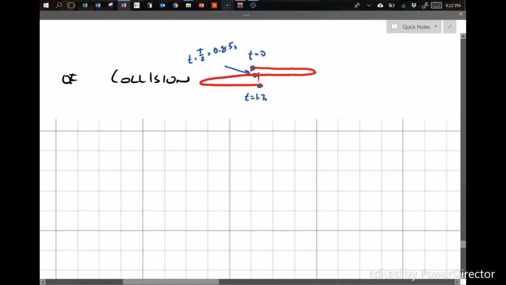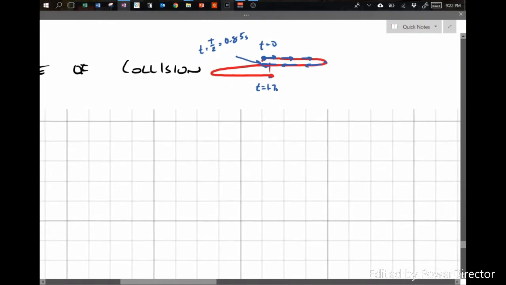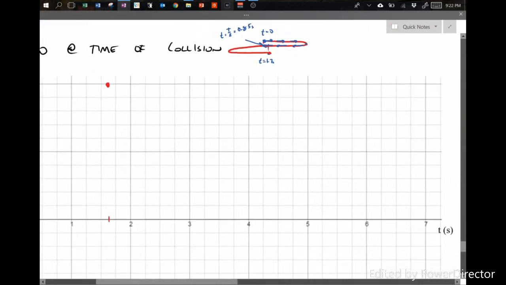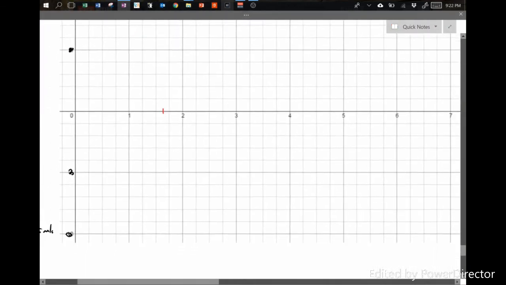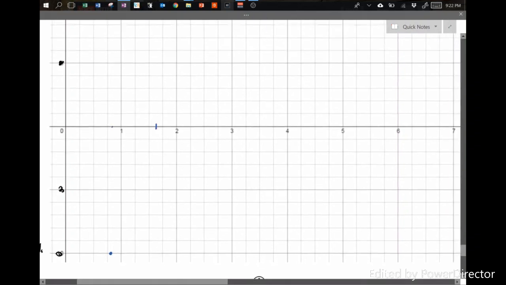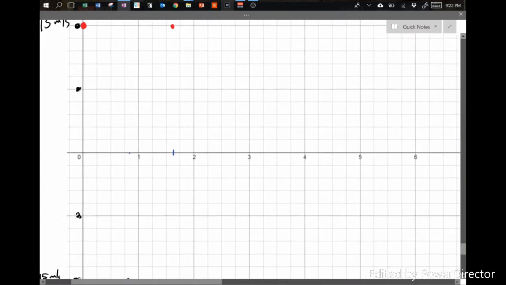But if we look at it, here I'm moving this way, slow down and stop, and then I begin to move this way. So at 0.85 seconds, halfway through, I am moving, but I am moving with a negative velocity. So that's 1.7, 0.85, somewhere in there. And then that whole cycle repeats itself.